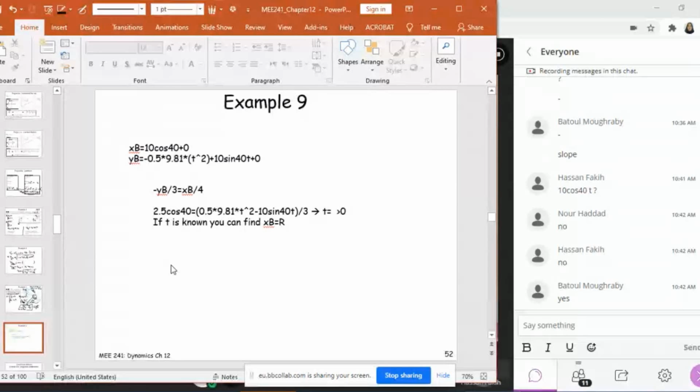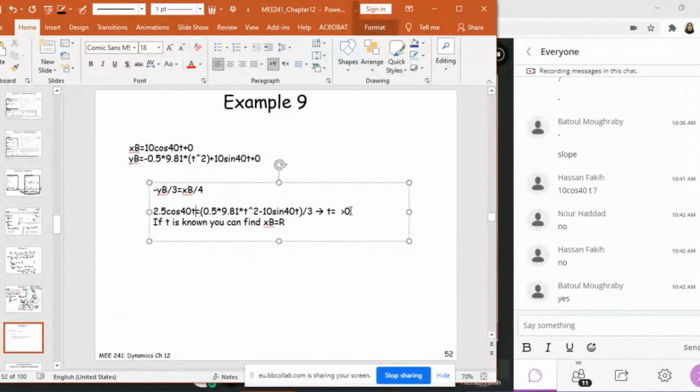So this, in fact, guys, will give me two roots, 0 and the other root, right? So you're right. Yes, this is 2.5 times cosine 40 t. Okay. Any other question, guys?